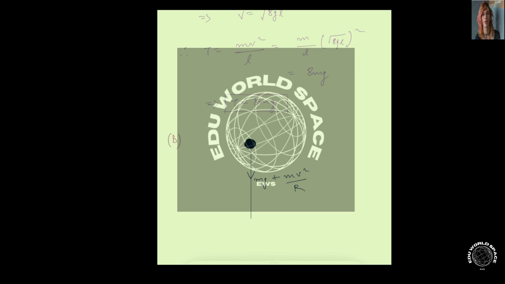Although the centripetal force will assist in the circular motion, the tension will be minimized. There will be a negative sign here because it will be in the opposing direction. So the total tension is T equal to mg minus mv squared by r.